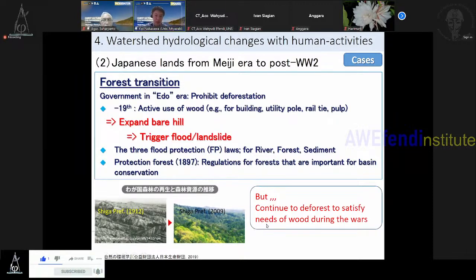But unfortunately, Japanese people continued to deforest to satisfy needs of wood during the wars. From the end of the 19th century, Japan started many wars, and that means there were needs for materials, including wood materials.